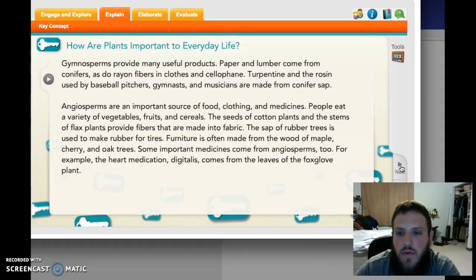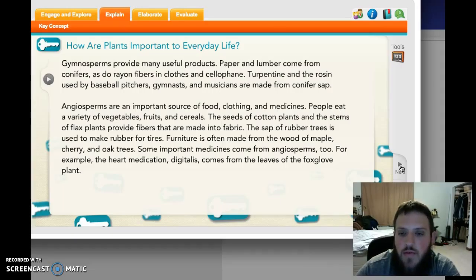Angiosperms are an important source of food, clothing, and medicines. People eat vegetables, fruits, and grains, or cereals, they're saying here, which are all part of the angiosperm's life cycle, different parts, either from the flowers, the actual tree itself, or the roots. Seeds of cotton plants and the stems of flax plants give you fibers that we then turn into fabric like cotton or linen.